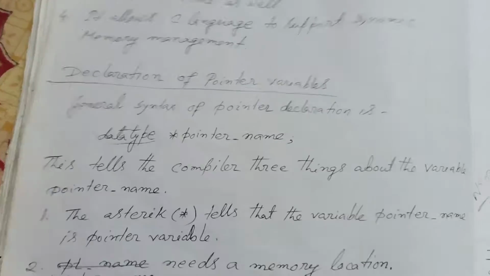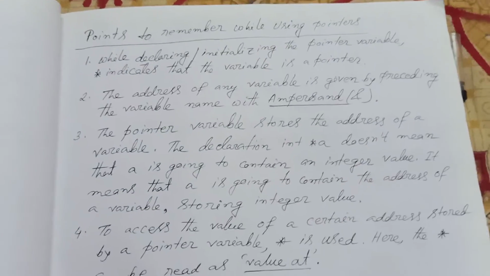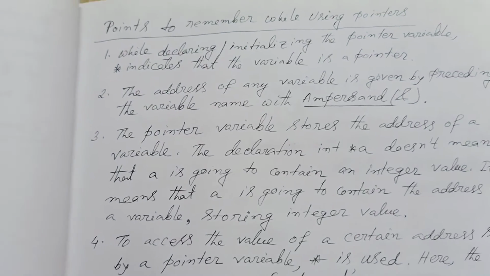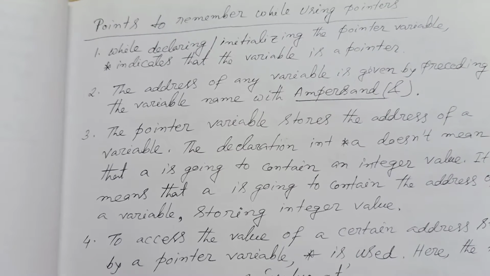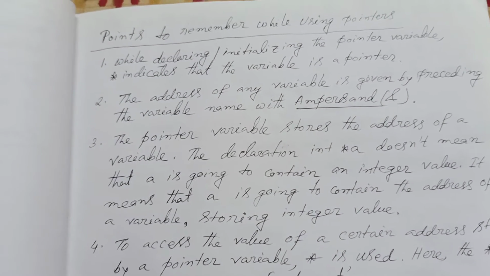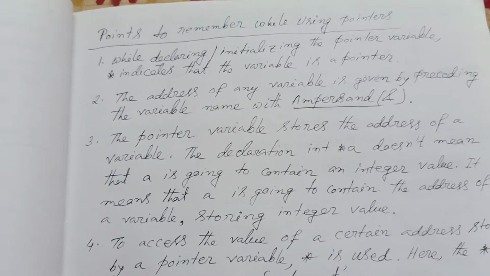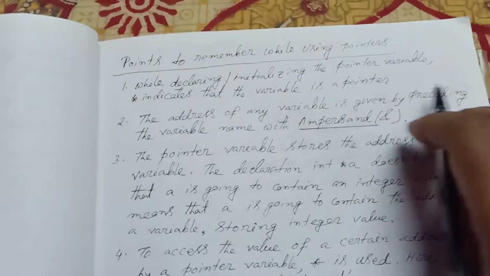The points we should remember are: first, while declaring or initializing a pointer variable, the asterisk indicates that the variable is a pointer.